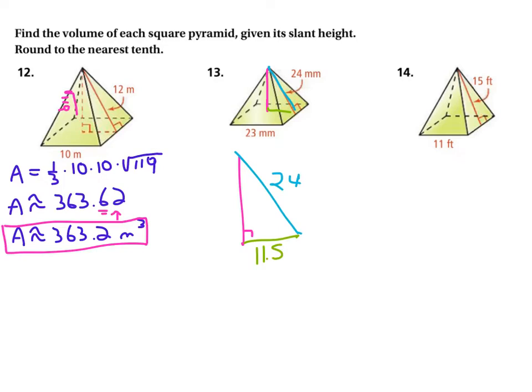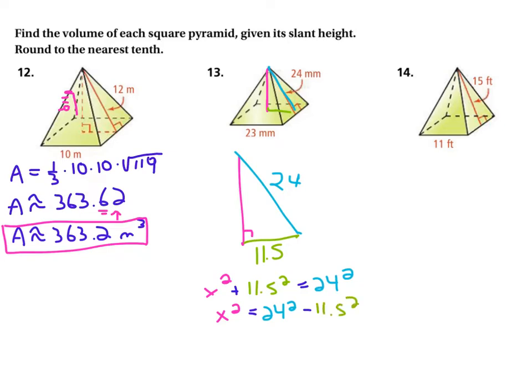then what we've got is x squared plus 11.5 squared equals 24 squared. Or x squared, if we subtract 11.5 squared from both sides, equals 24 squared minus 11.5 squared.